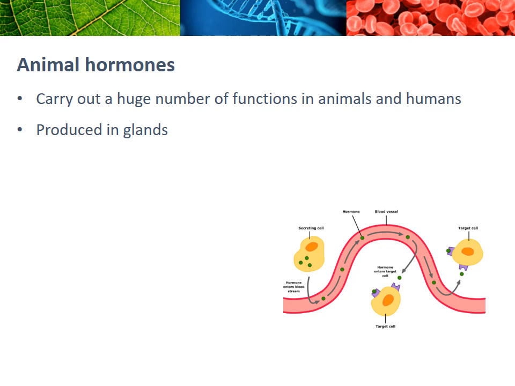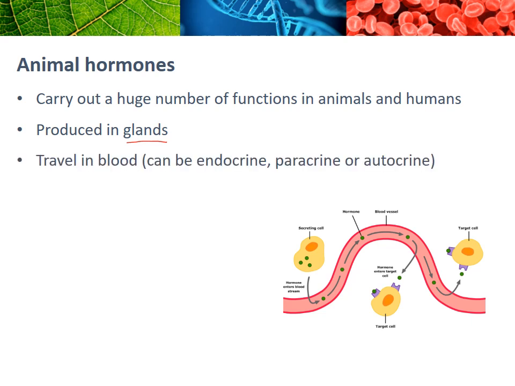Hormones are produced in glands. Okay, so you may have heard of things like the pituitary gland or the thyroid gland, even the pancreas is a gland. So they are produced in things called glands. They travel, so hormones travel in the bloodstream.